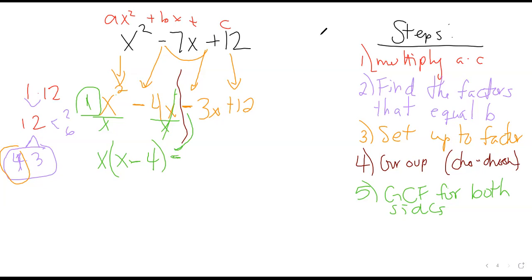And now what is my greatest common factor between 3x and 12? 3x and 12. Think about it.